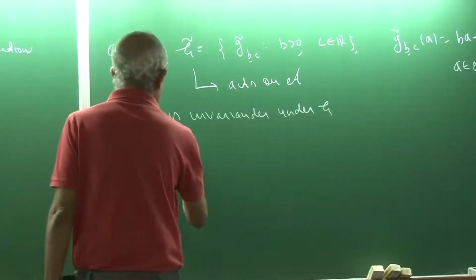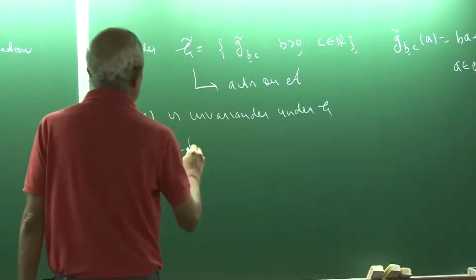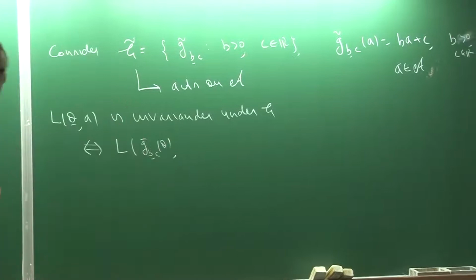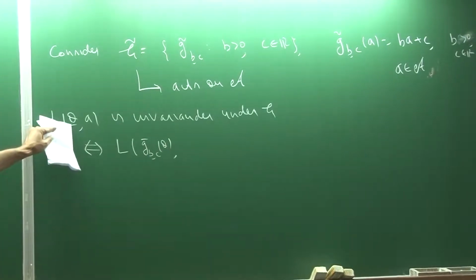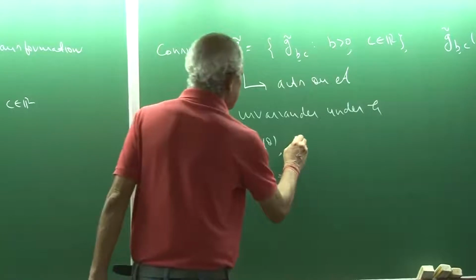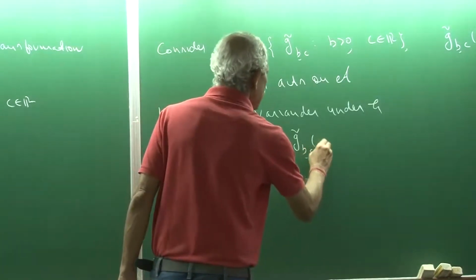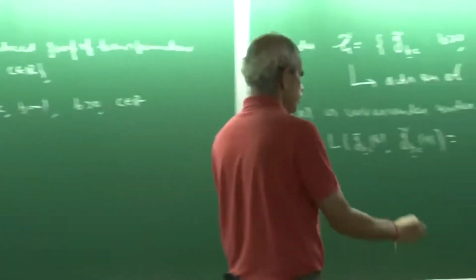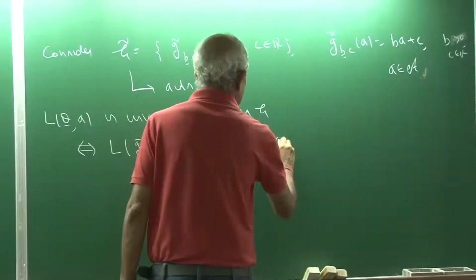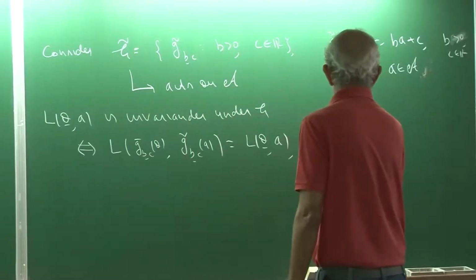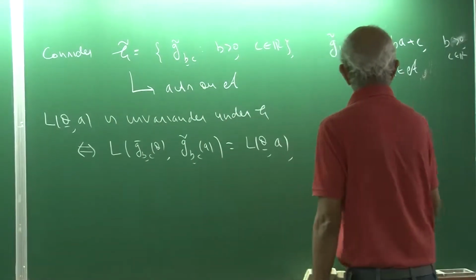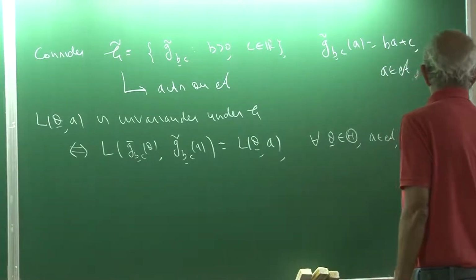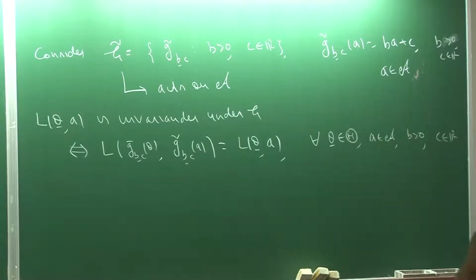L(theta, a) should be L of G bar_bc of theta and G tilde_bc of a. So I look at the loss in the transformed problem, where theta becomes G bar_bc theta and a becomes G tilde_bc a. The total loss in the transformed problem should be the same as the loss in the original problem, L(theta, a), for every theta belonging to capital Theta, a in the action space, b positive, c in R. So my loss function should possess this property.